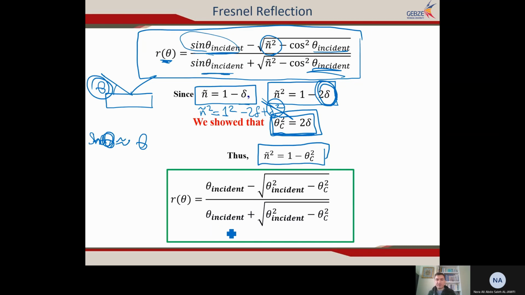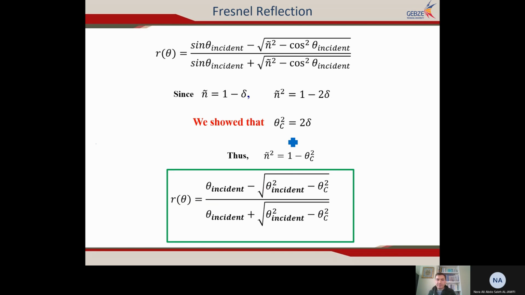Here again, theta incident. So here we have n square, and you can use this n square here and here. It is clear, I think. And instead of sinus theta incident, you can use theta incident, because theta is very small.